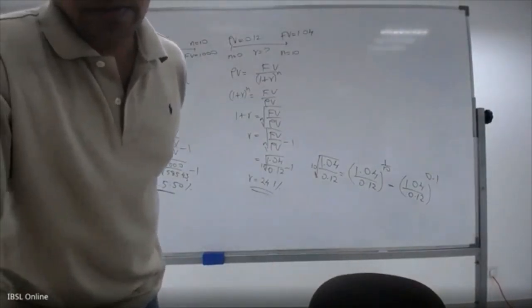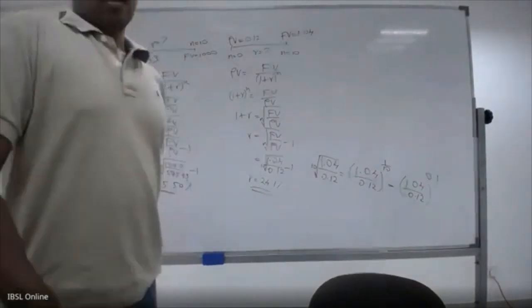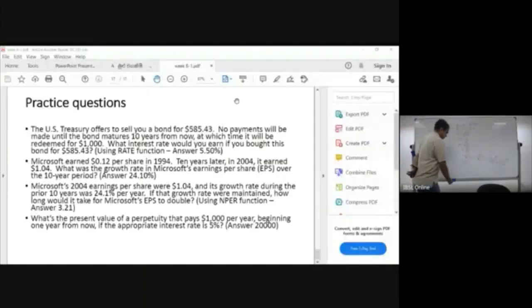Question number 3. Microsoft's 2004 earnings per share was 1.04, and its growth rate during the prior 10 years was 24.1%. It's identical to the previous question. If the growth rate were maintained, how long would it take for Microsoft EPS to double?